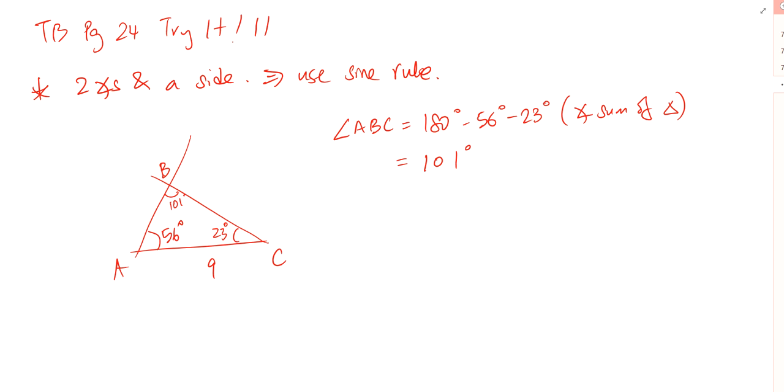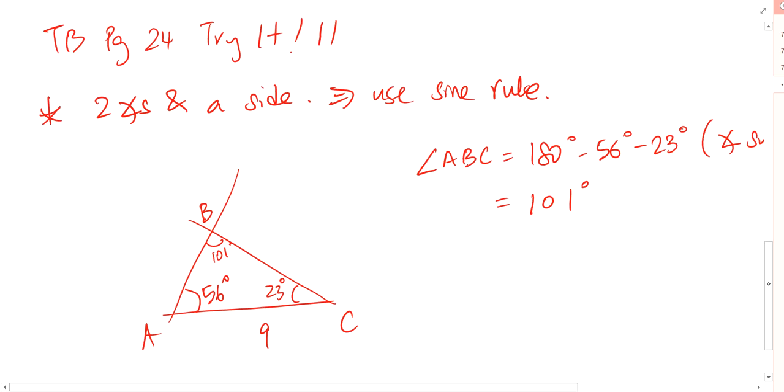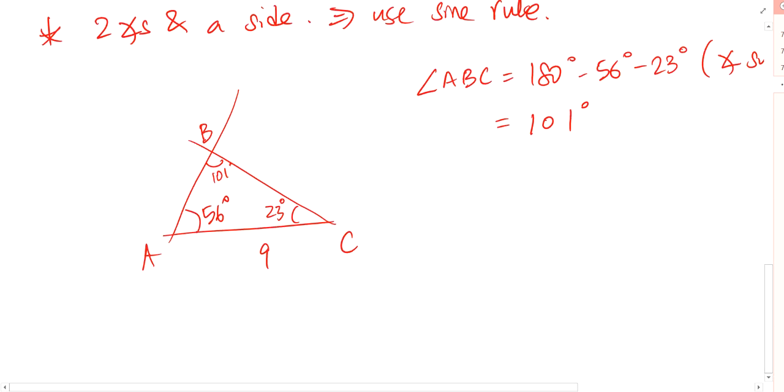Do I have a pair of angle and side that are opposite each other? Angle B and small b, right? This 101 and 9, they form a pair. So are you able to write down the first fraction of sine rule? I heard 9 over sine 101 degrees.